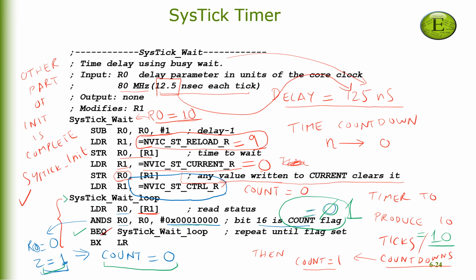So this will not be executed, and we come down over here and exit the routine. So this occurs when the Z flag is equal to 0, count is equal to 1, and the R0 value is hex 00010000. That's when we are going to exit this routine. And the delay has been completed.